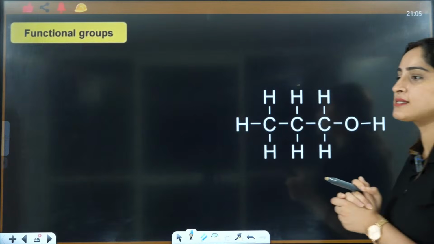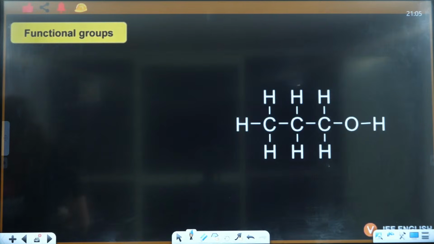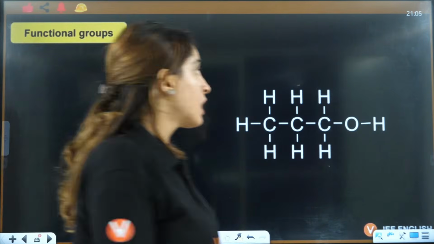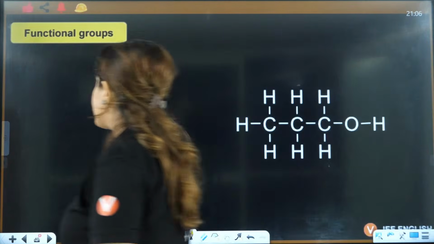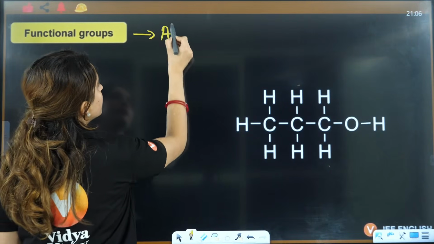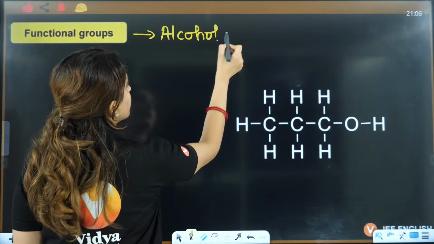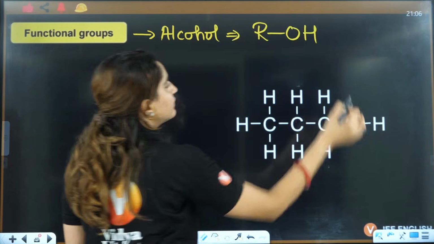So now let's start with the functional groups. Okay? Guys, let's start with the functional groups now. Right, everybody? So functional groups, I'll start with alcohol, right? So what is alcohol? Alcohol is having the ROH bond.